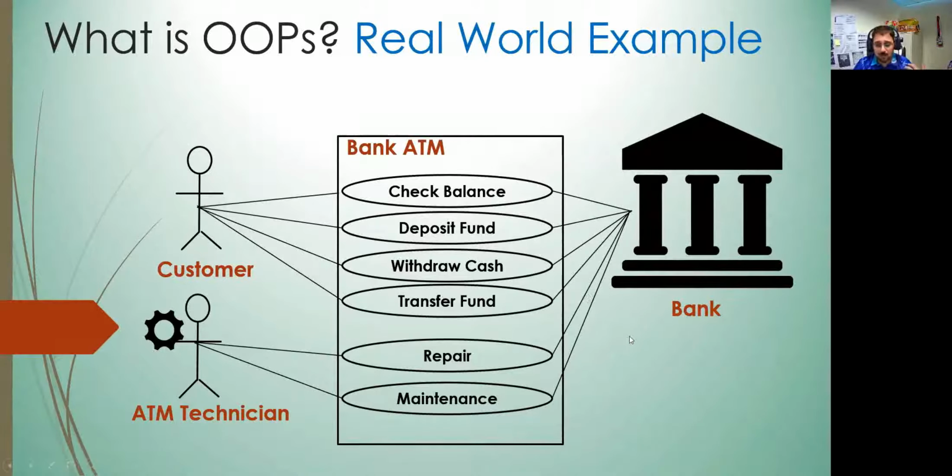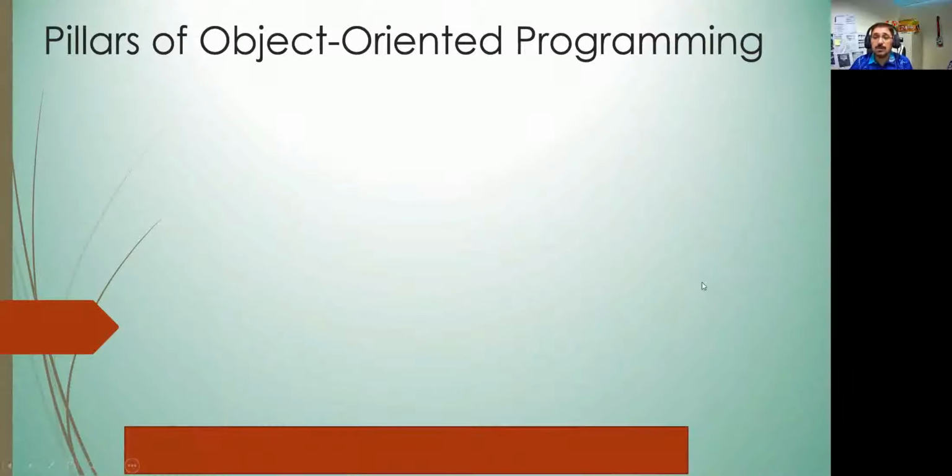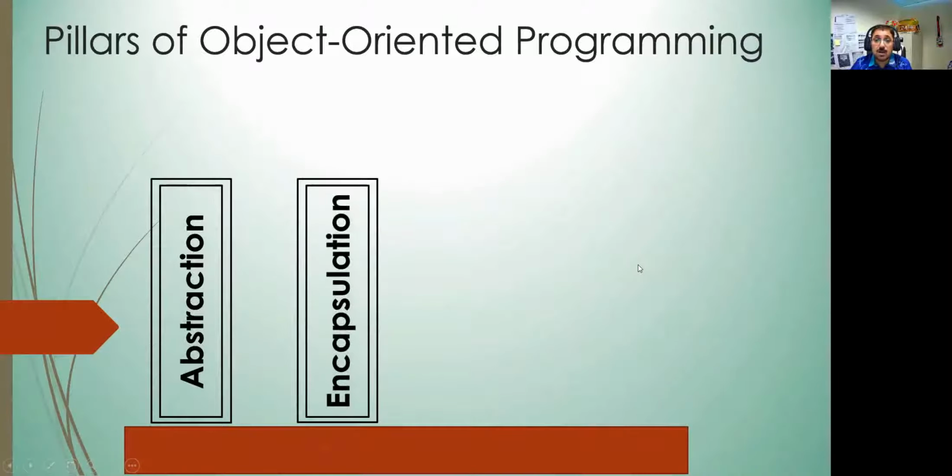So as a programmer, an object oriented programmer, your objective will be to abstract the processes and represent them in a programming language, and make sure that the functionality happens in the same way, and it should be as easy as possible. So object oriented programming actually has several pillars.